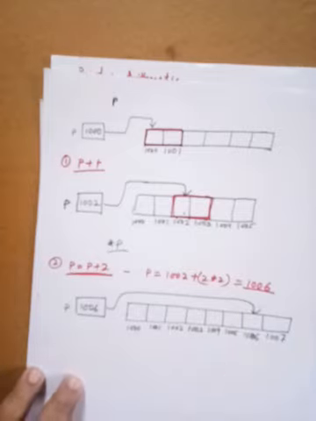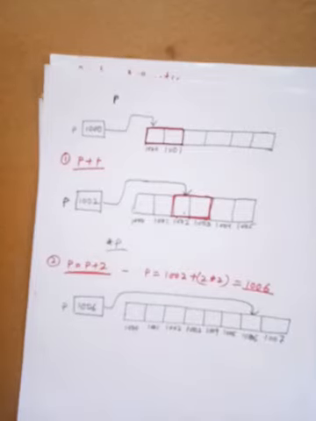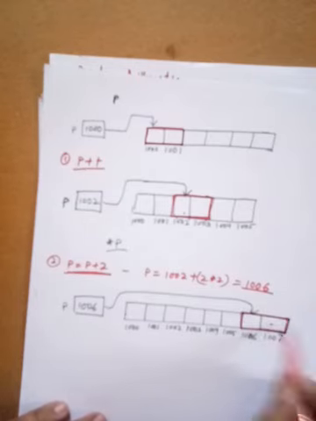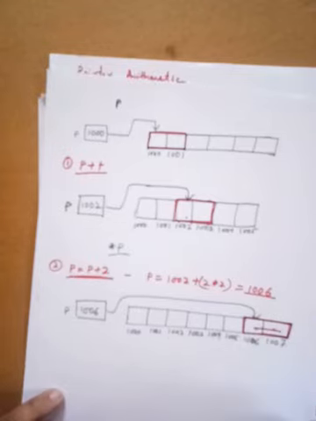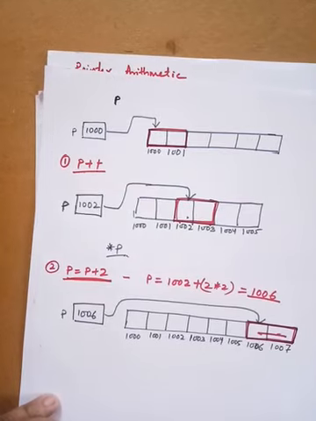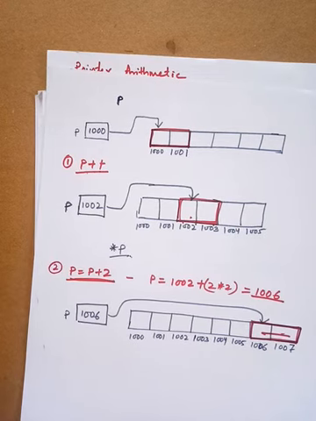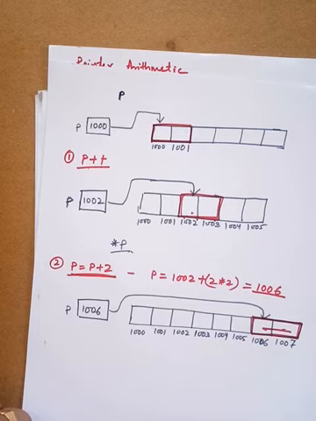Now when you dereference the pointer p, the value stored in these two memory locations 1006 and 1007 will be printed. Whatever this value is, that will be printed. Okay, these are some examples that can be done in pointer arithmetic.